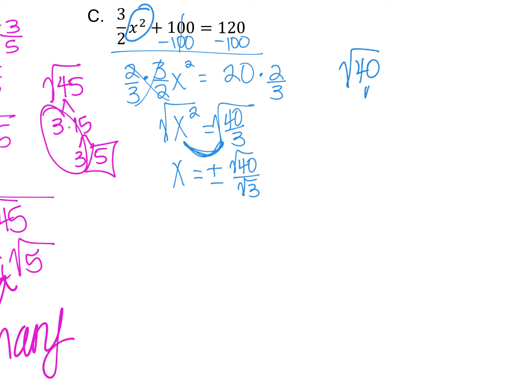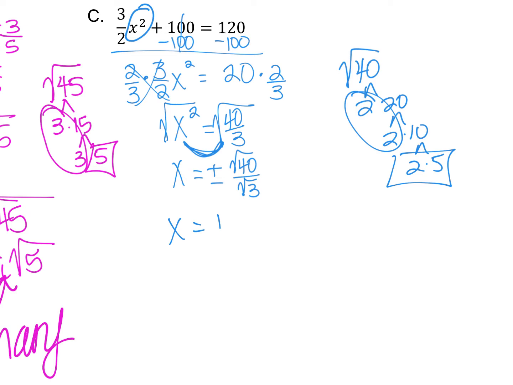So 40, 2 and 20, 2 and 10, 2 and 5. So this top piece would be 2 square root of 10 over square root of 3.